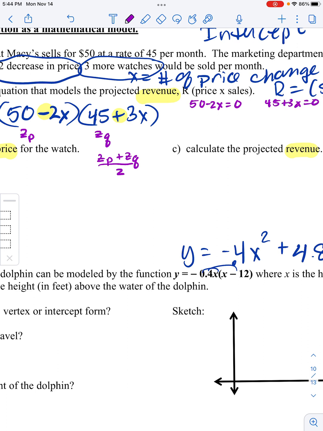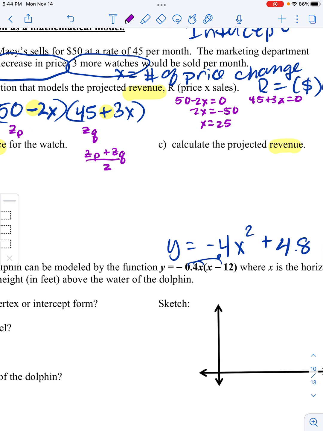And then you solve. So I'm going to take away 50 to the other side, and then I'm dividing both sides by -2. And the negatives cancel, so that's a positive 25. In this second one, I'm going to take away 45, and then I'm going to divide both sides by 3.